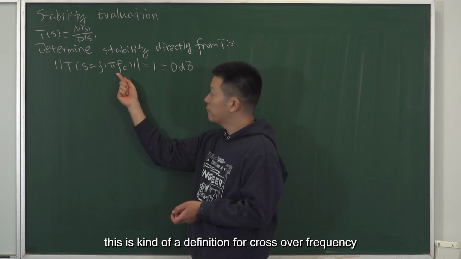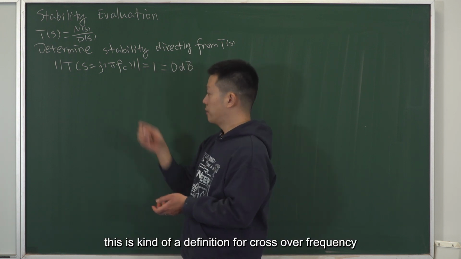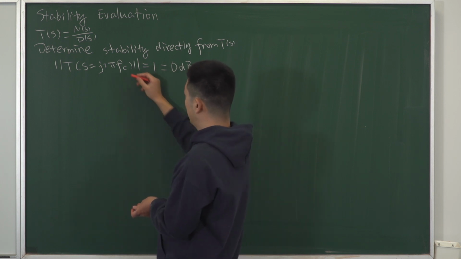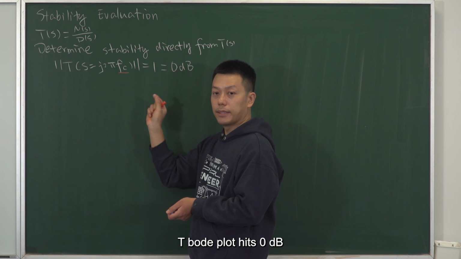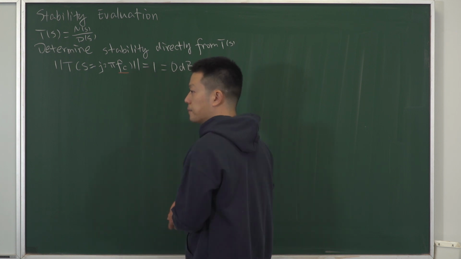This is the definition of the crossover frequency. Fc is where the T Bode plot hits 0 dB.